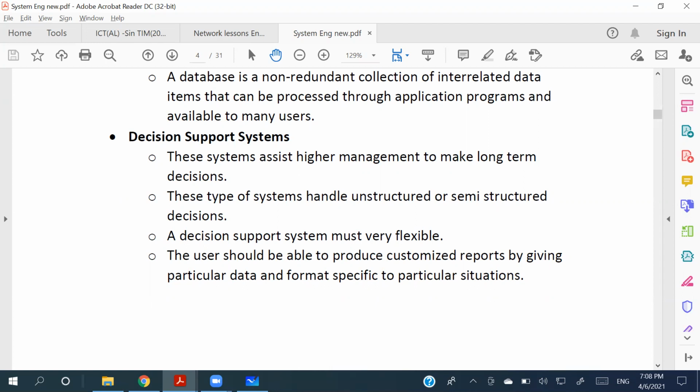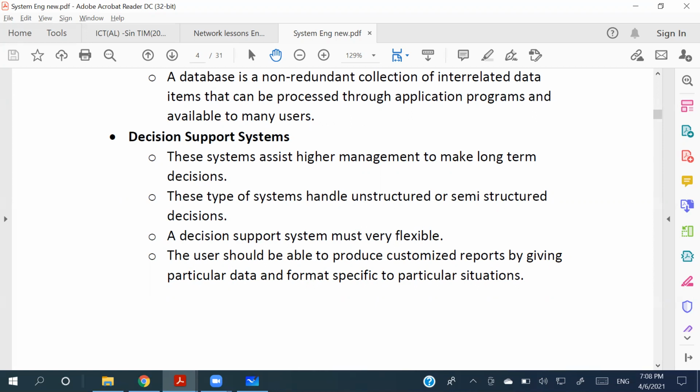This DSS has the ability to handle unstructured or semi-structured decisions. Again, as I told you, this decision support system won't give you the final decision. It's just support to make the decision, right?